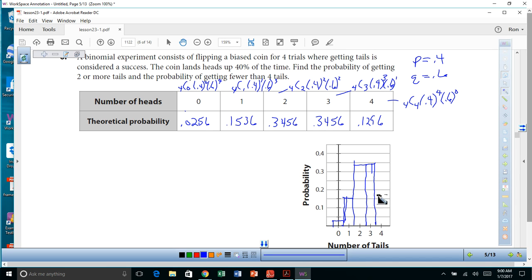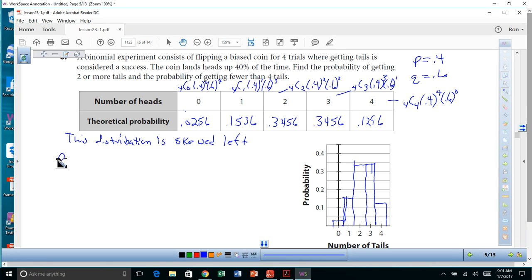And then 4 is 0.12, so that's going to be about half of that right there. All right. Now, if you'll notice, this distribution is skewed left.